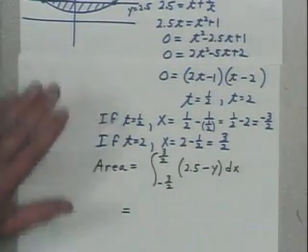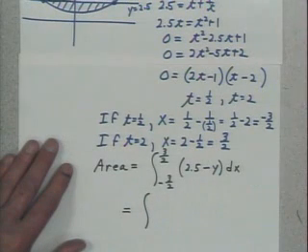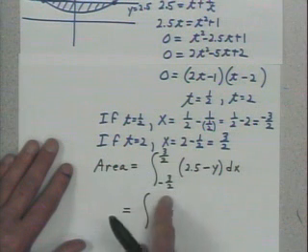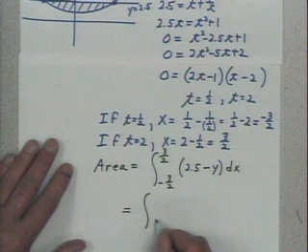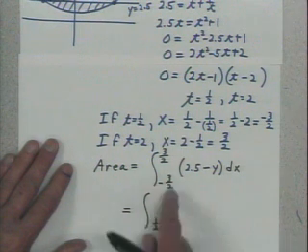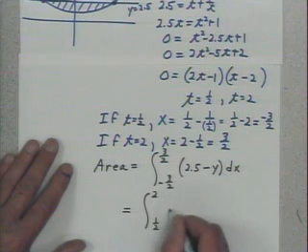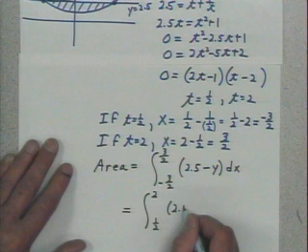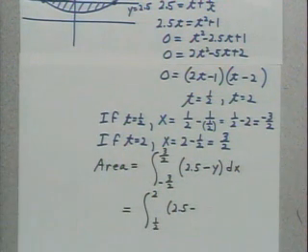Okay, if I want to do it parametrically, then what are the limits in parametric form? Well, what t value produced minus 3/2? 1/2 did. And what t value produced 3/2? Okay, 2.